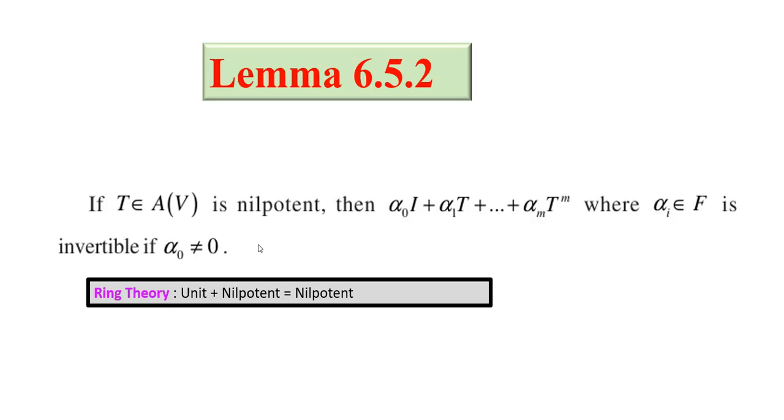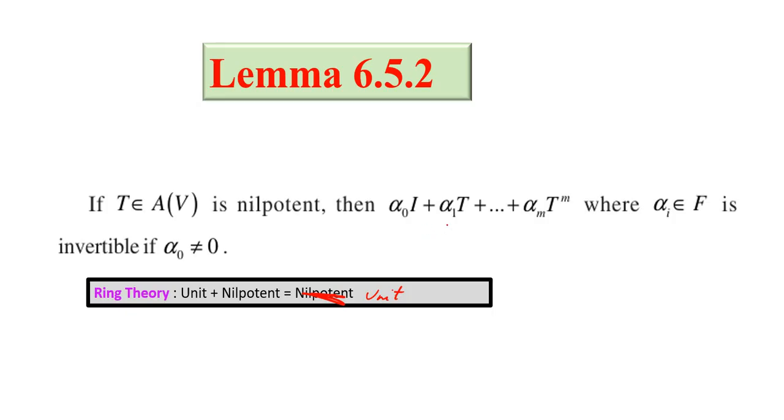So in ring theory, somewhat similar to this, we had unit plus nilpotent. The sum of a unit element and a nilpotent is a unit, not nilpotent. Unit plus nilpotent is unit. So this is a famous result in ring theory. This is also somewhat similar to what we have in vector spaces.